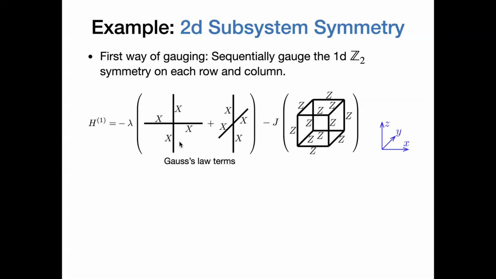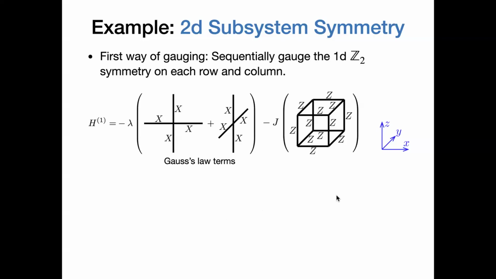The vertical links, the links in the z direction, originally come from the matter field in the original 2D plaquette Ising model. And the horizontal links in the xy plane are basically gauge fields, gauge field degrees of freedom introduced during this gauging procedure.